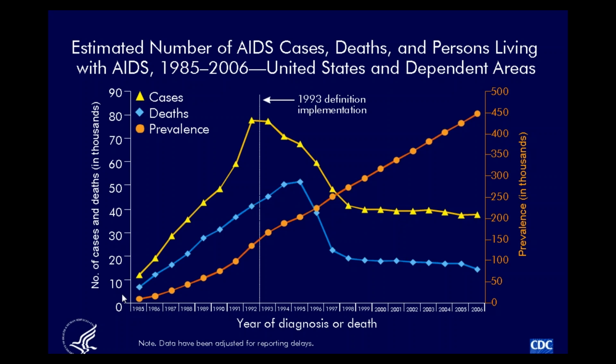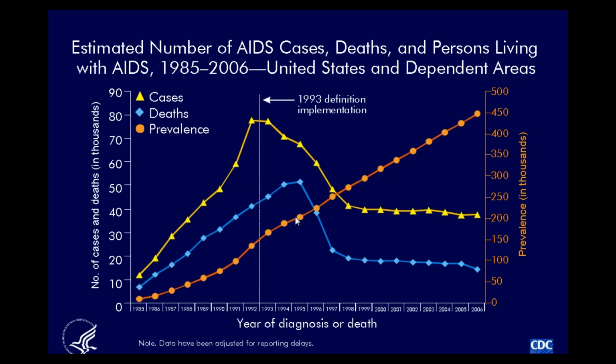So the first thing you notice is that from the 80s to the early 90s, the number of people getting AIDS increased, the number of deaths increased. And then right here, beginning of 1995, we see a big drop-off. And that's where HIV protease inhibitors were starting to be used. And by 1997, pretty much we had most of our patients on HIV protease inhibitors.